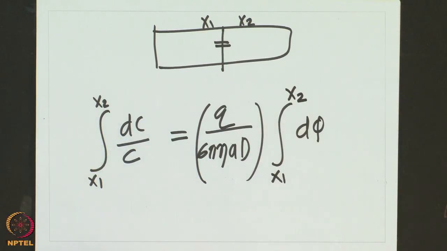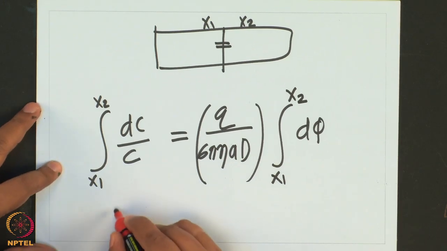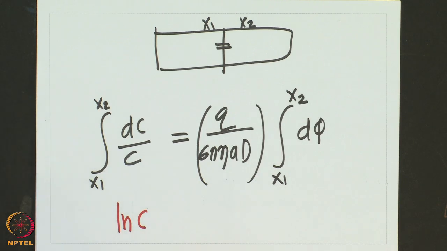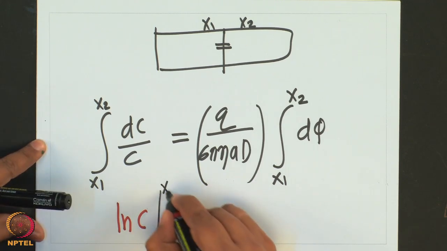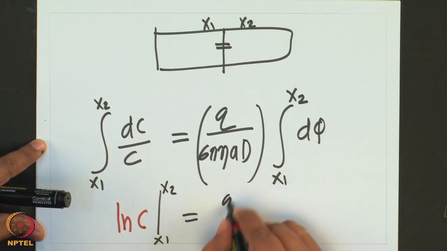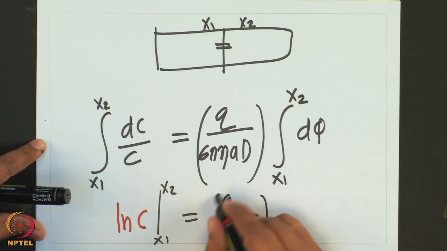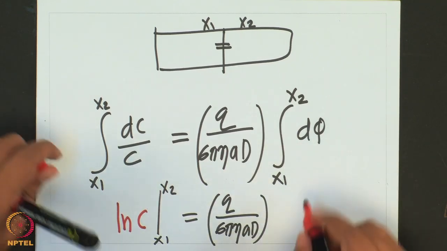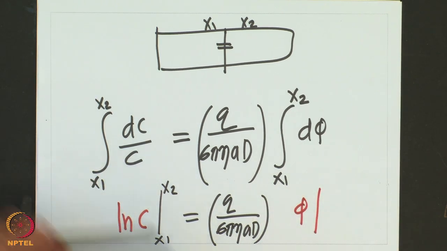If I integrate this, the integral of 1 over c is log c, so this is log c in the limit x1 to x2, equal to q by 6 pi eta a D as it is, and this integral is just phi in the limit x1 to x2.